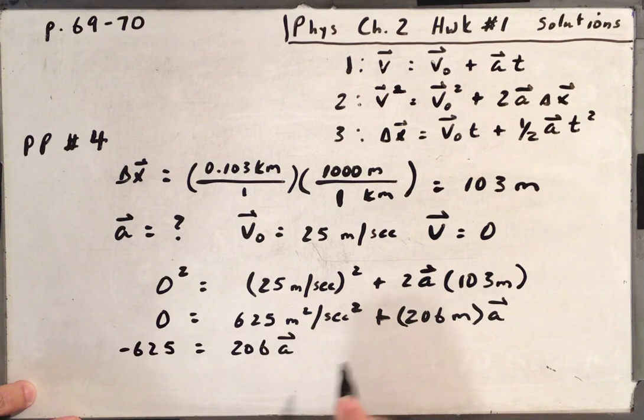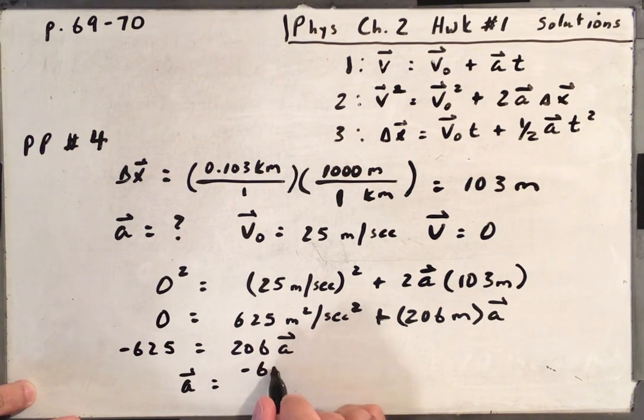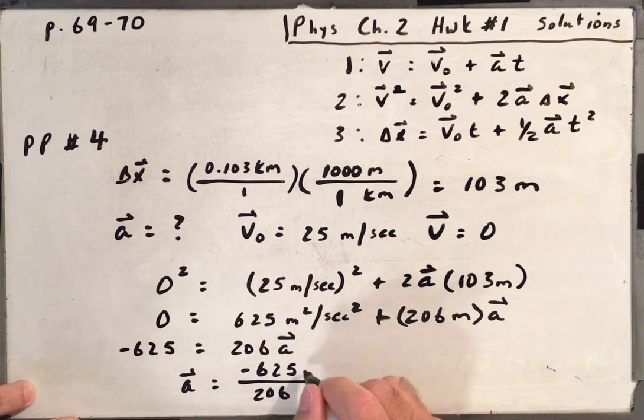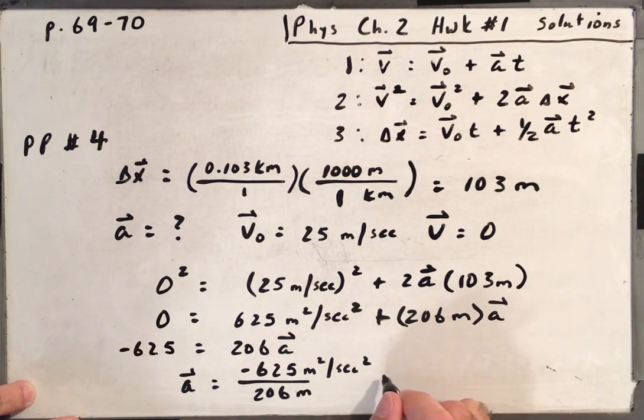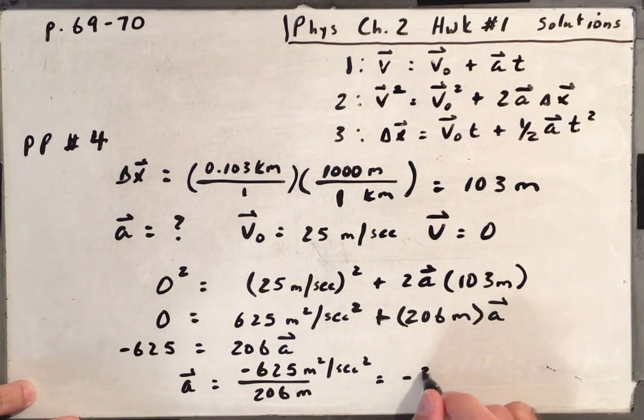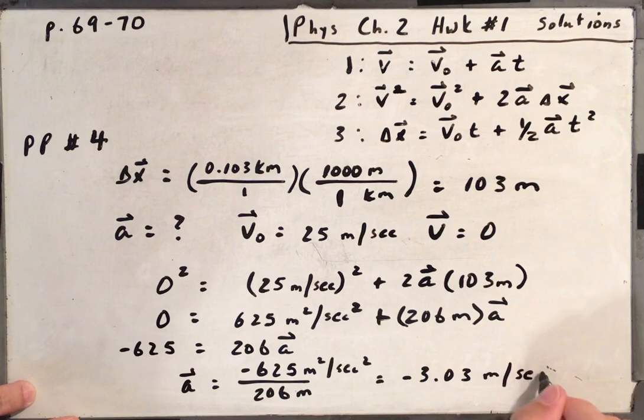I'm just going to dispense with the units for just a minute. So acceleration, negative 625 divided by 206. So that's going to be meters squared per second squared over 206 meters. Right? And that's going to be negative 3.03 meters per second squared.